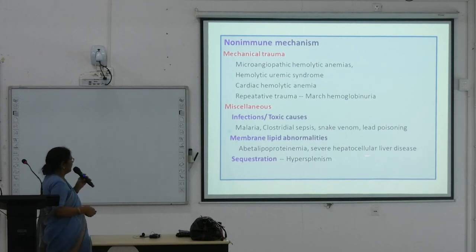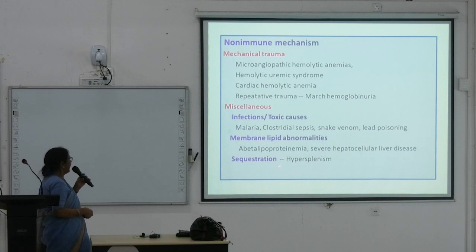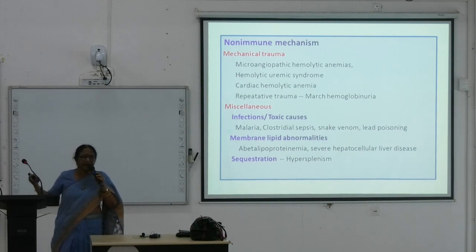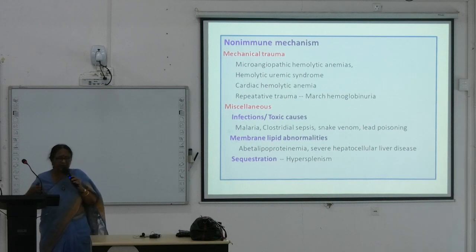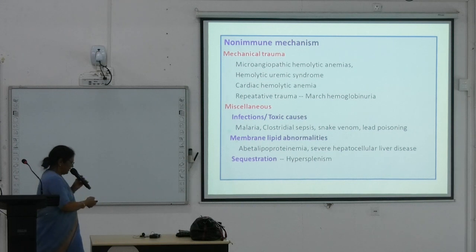We can get the hemolytic anemia because the cell membrane, RBC cell membrane, is not properly produced. And lastly is the hypersplenism. If the spleen is enlarged in size, the reticuloendothelial cells in the spleen is increased in number, so they engulf more RBCs. So splenomegaly due to any other cause can cause hemolytic anemia or anemia.